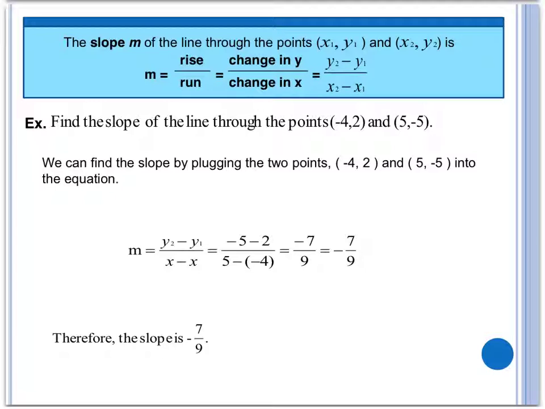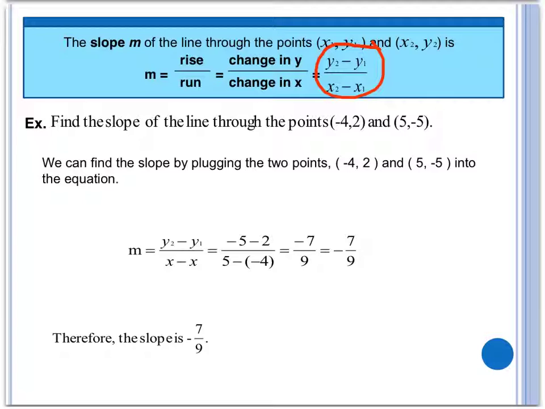Again, the slope, called m, of the line through the points (x sub 1, y sub 1) and (x sub 2, y sub 2) can be described as rise over run, or the change in y over the change in x. The equation for the slope is written as y sub 2 minus y sub 1, all divided by x sub 2 minus x sub 1.